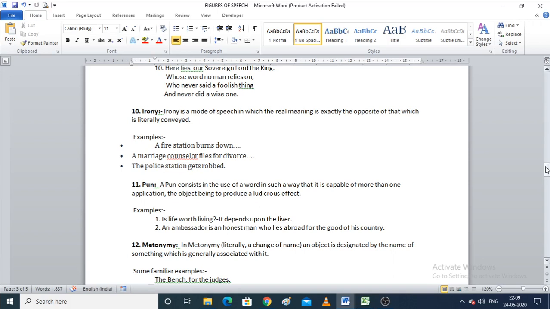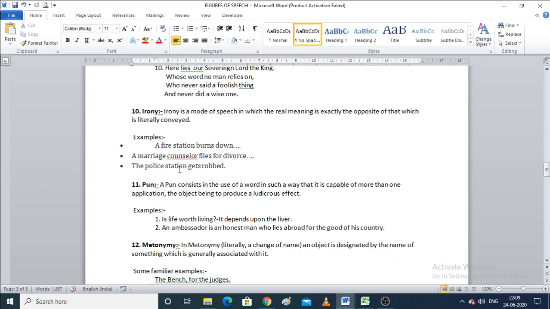Usually our mothers use this literary device with their kids. Nowadays people will use the word sarcastic, right? So irony relates to the word sarcastic, when we say something which is very opposite to the real meaning.